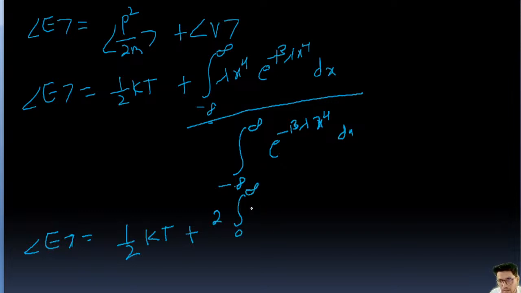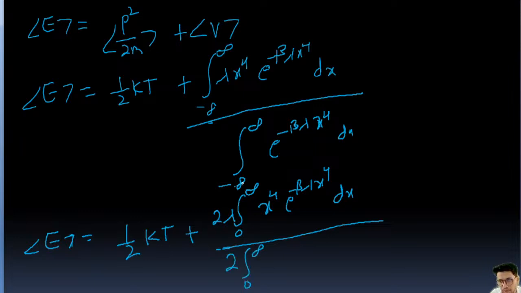Lambda we will take outside, and this is going to be x to the power 4 e to the power minus beta lambda x to the power 4 dx upon, again changing the limit, 2 times 0 to infinity. We have taken 2 outside, and then this is e to the power minus beta lambda x to the power 4 dx.